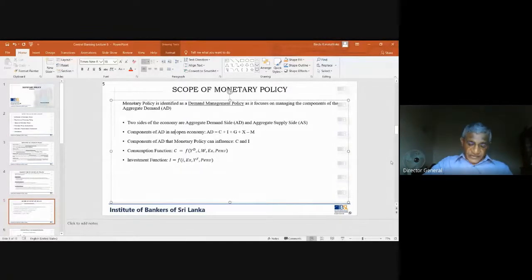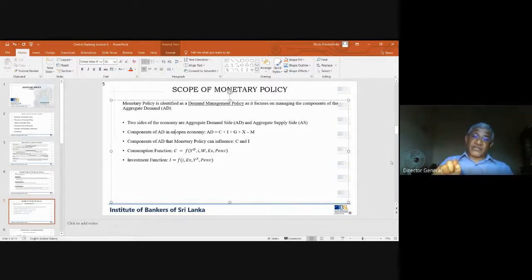Monetary policy is considered to be a demand management policy, highlighting that the central bank influences the aggregate demand side of the economy through monetary policy. The aggregate demand has 5 components in an open economy: C plus I plus G plus X minus M. Does that mean central bank can influence all these 5 components equally or at the equal intensity? That's the question.